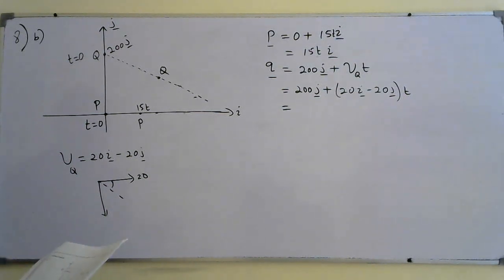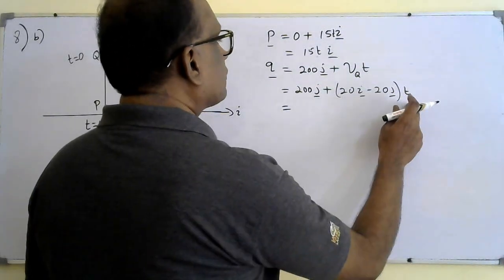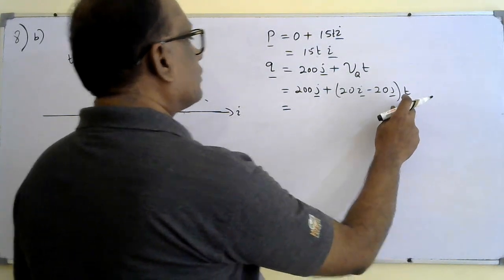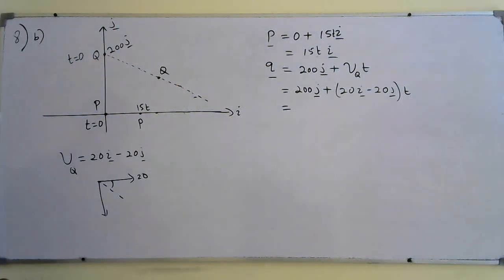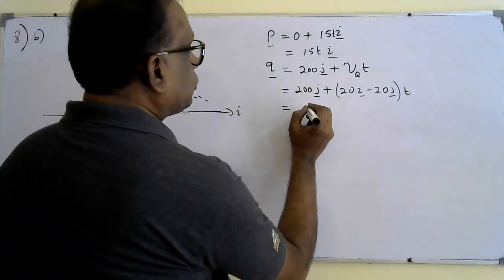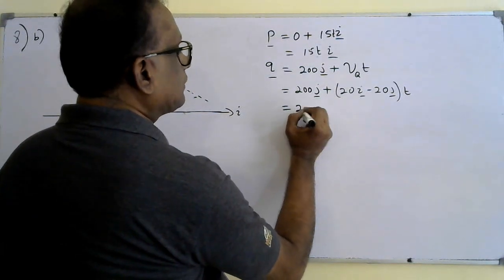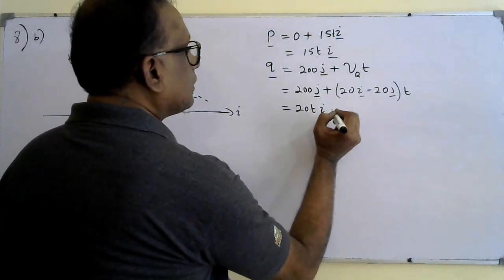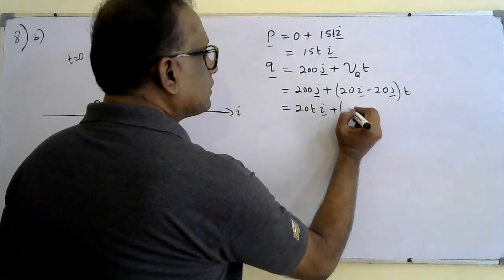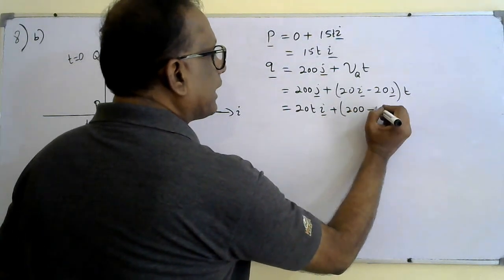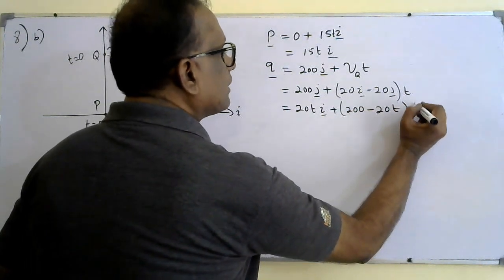So that will be 20ti plus (200 minus 20t)j.